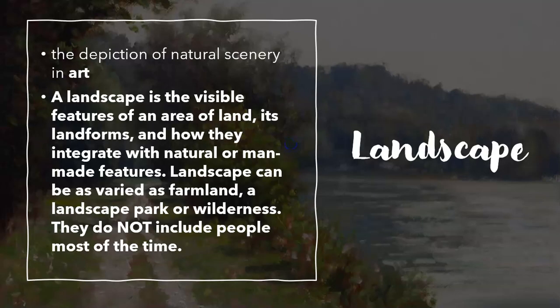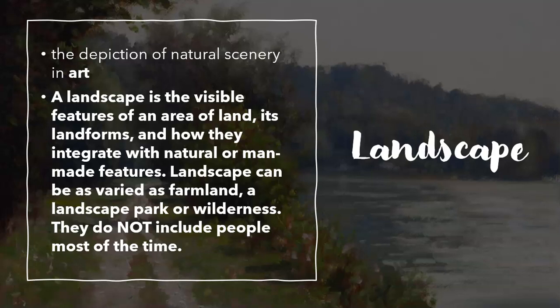Landscape. Some of you enjoy landscapes or want to draw landscapes, so that's why this project is going to be an actual landscape. But here's the thing, it's a depiction of natural scenery. It's not with people, and not a whole lot of man-made things, like buildings and architecture.